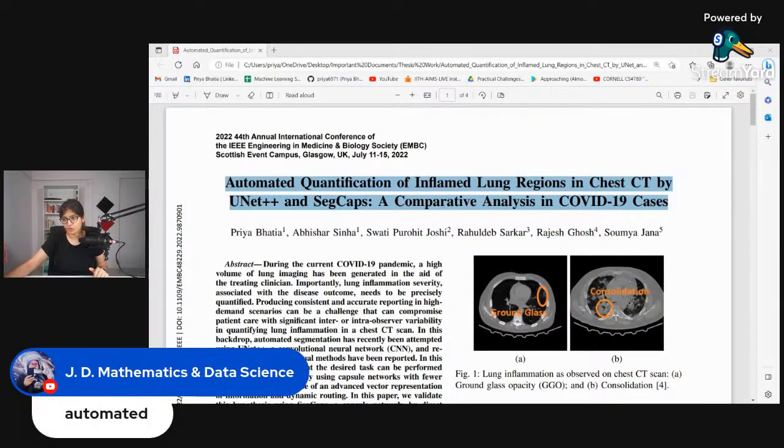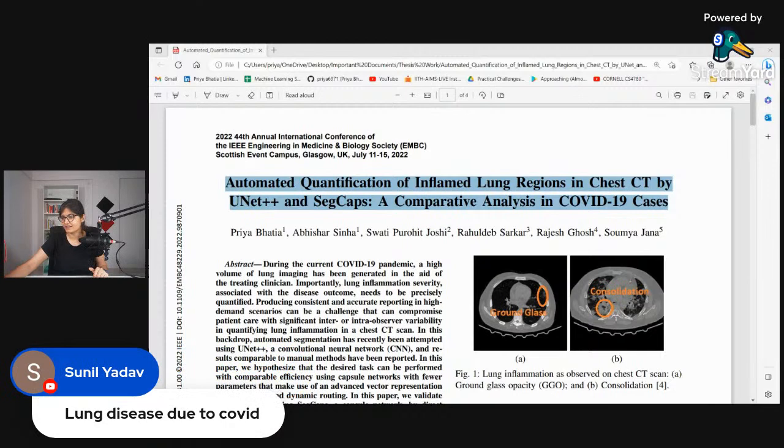Okay. Automated. Okay. Lung disease due to COVID. Any other thing? I'm not getting a wow kind of answer till now. You are able to get a sense of it, but the better clarity answer from the heading itself, that is what I'm not getting from the audience till now. So I'm waiting. Maybe someone will give me, otherwise obviously I will tell.